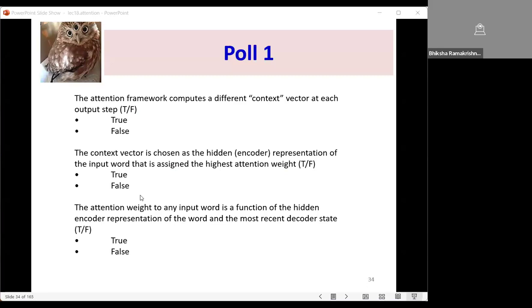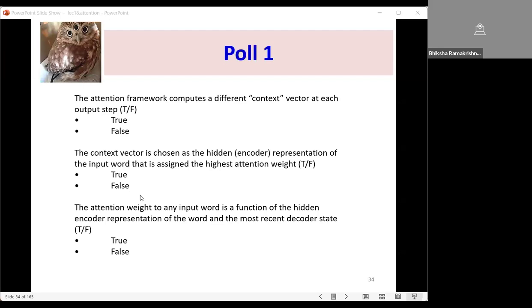It tells you there are 3 questions. Okay, 5 seconds, guys. All right, let me terminate this. There are only 171 people in class. Here's what you guys thought.